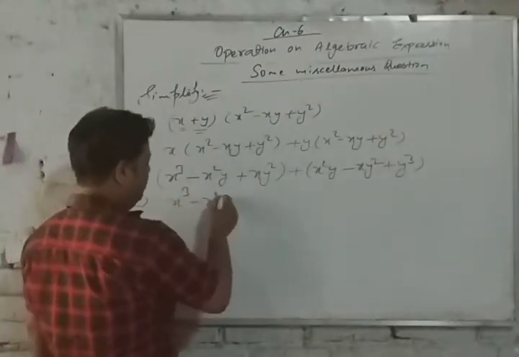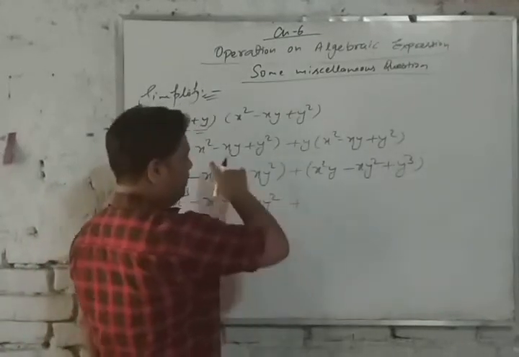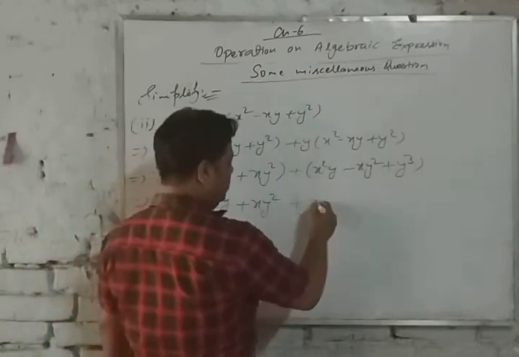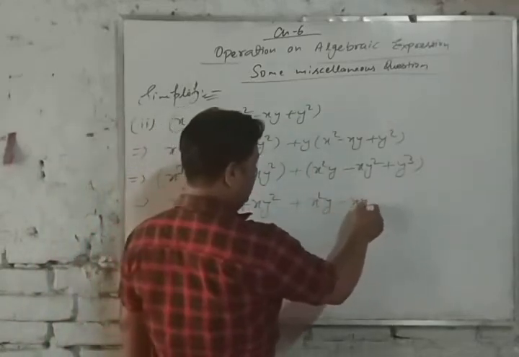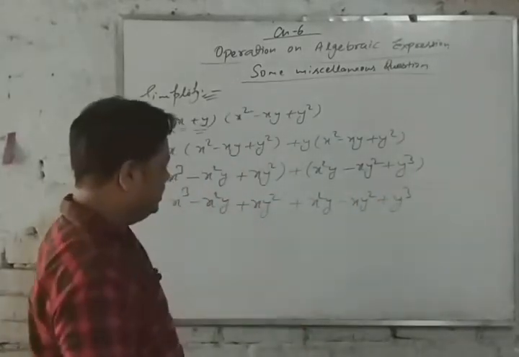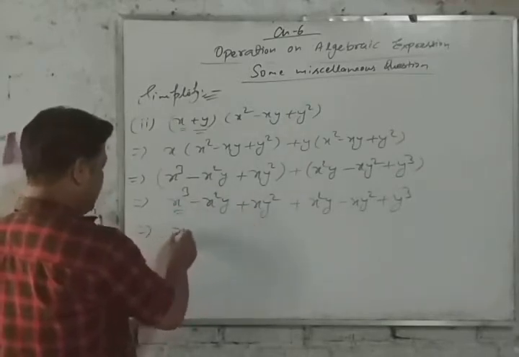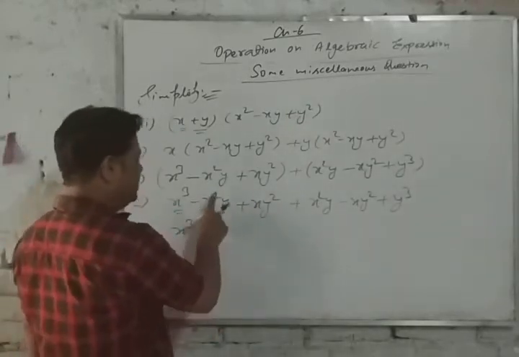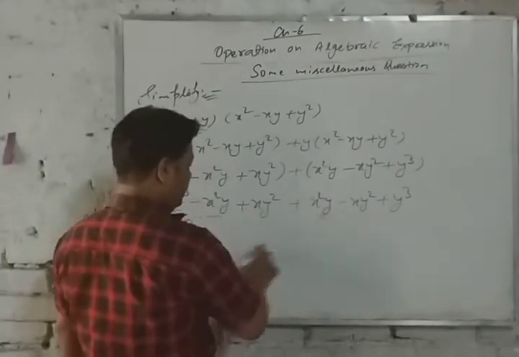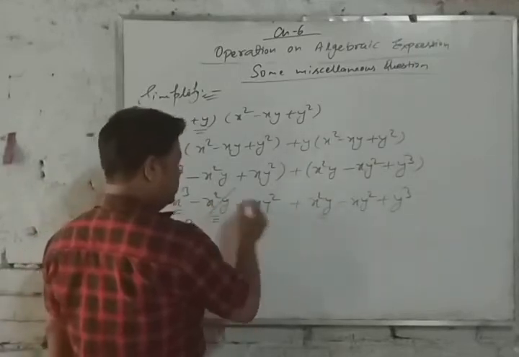x cube minus x square y plus xy square plus, because here there is no number. Now here plus is outside, so we will not change the sign. Now any term which is matching: at first x cube, only one term, so write x cube. Then minus x square y and plus x square y, both are the same, one is in minus and one in plus, so they cancel out.